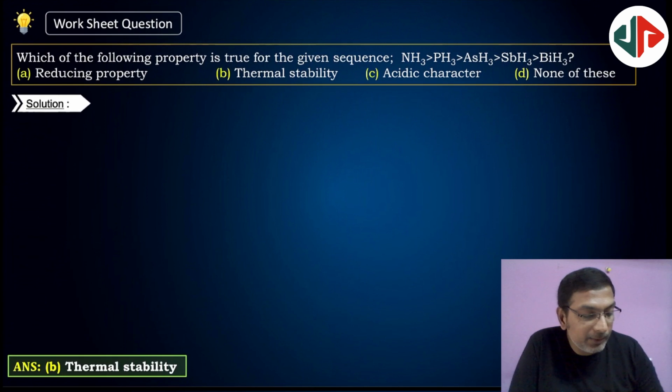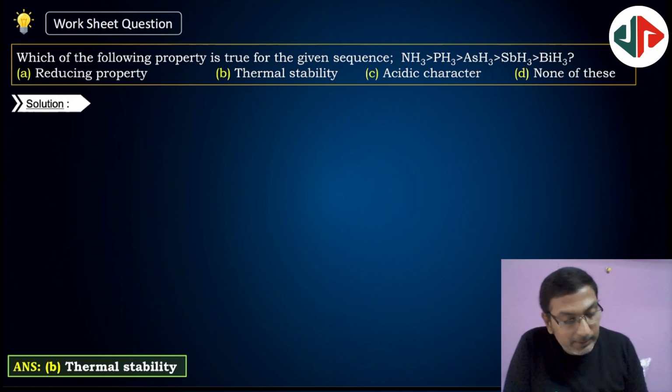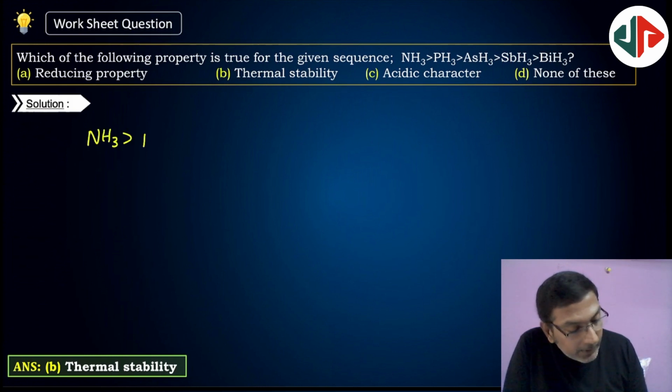Which of the following properties is true for the following sequence? The given sequence is NH3, PH3, AsH3, SbH3 and BiH3.